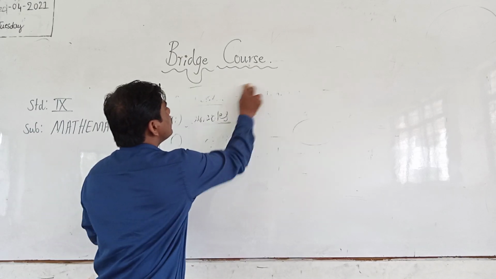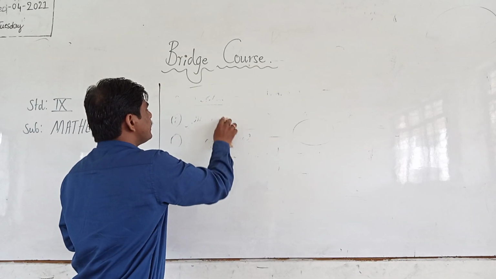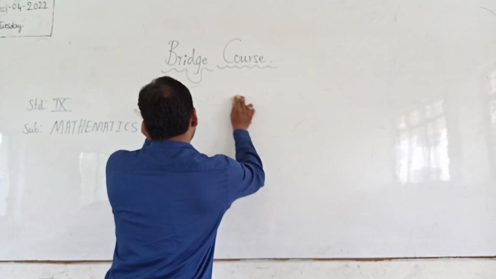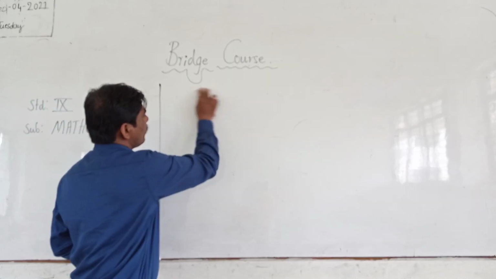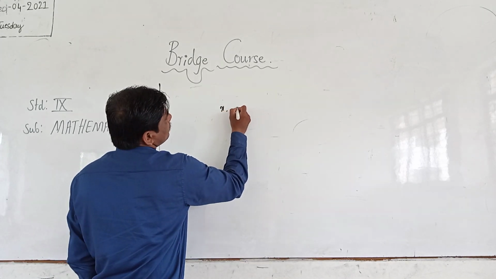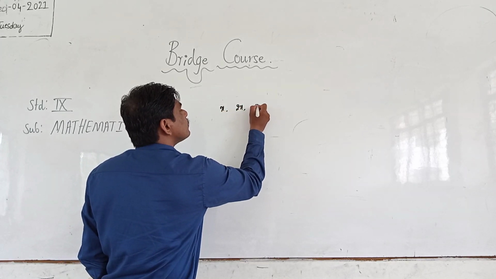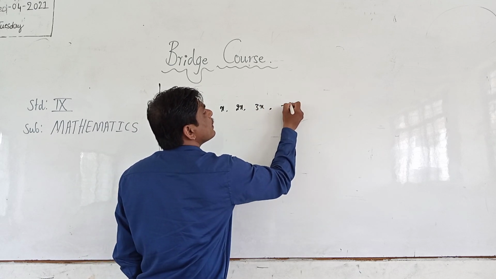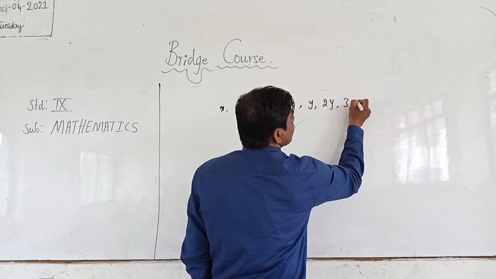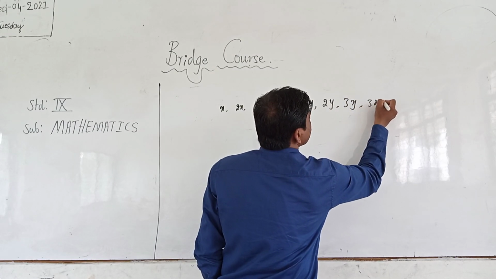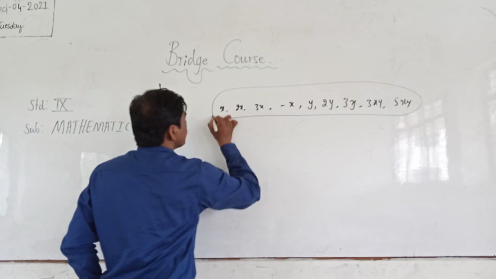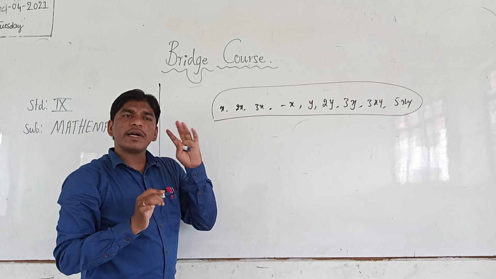The first one is you have to identify like terms. What do we mean by like terms? Like terms means similar. For example, x, 2x, 3x, minus x, y, 2y, 3y, 3xy, 5xy. These are some variables, and in these you have to identify like terms.